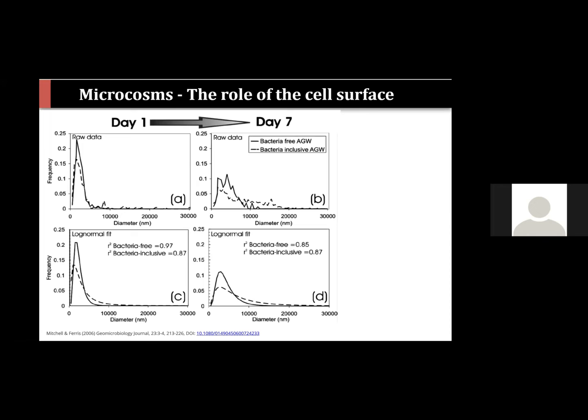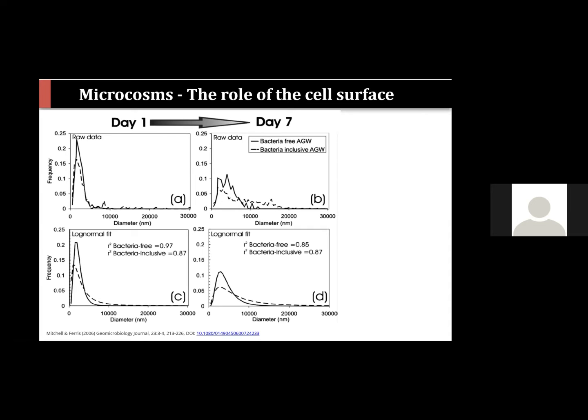However, if we actually look at the evolution of the crystal size distributions, we see an evolution of different crystal size distributions in the bacteria-free and the bacteria zone over time. And in fact, we generally see that after about a week, the bacteria-inclusive zone, broadly shown by the dashed line here, has a much larger mean crystal size, around 60 microns, compared to the bacteria-free zone, which is around 40 microns.